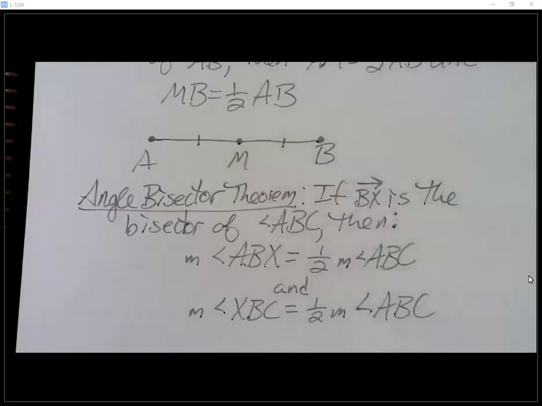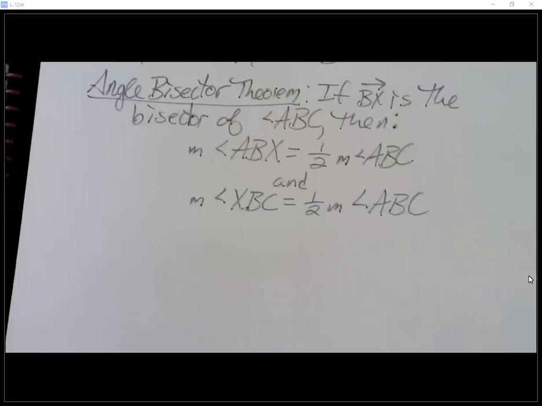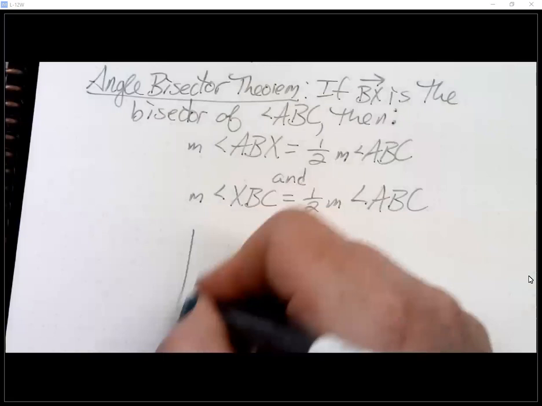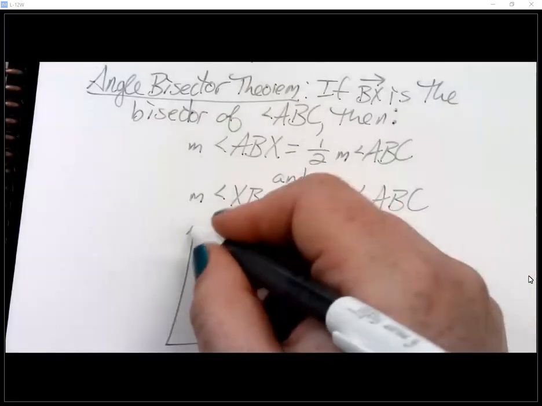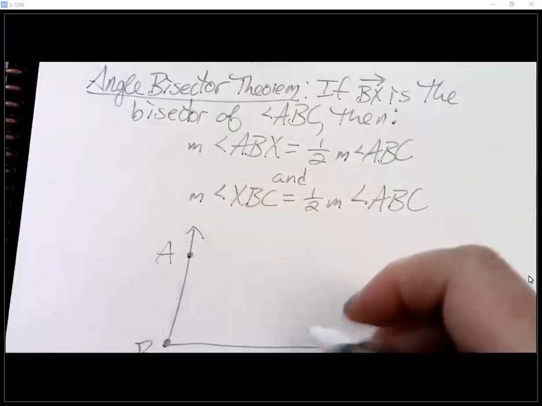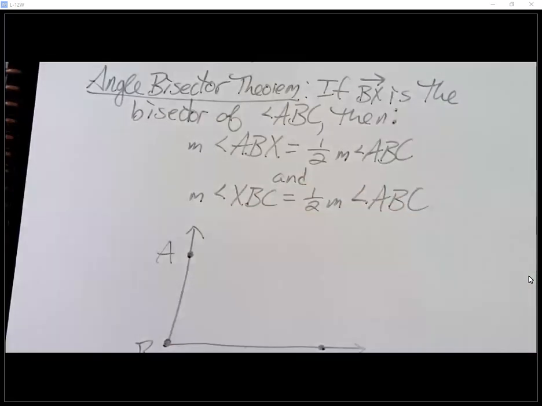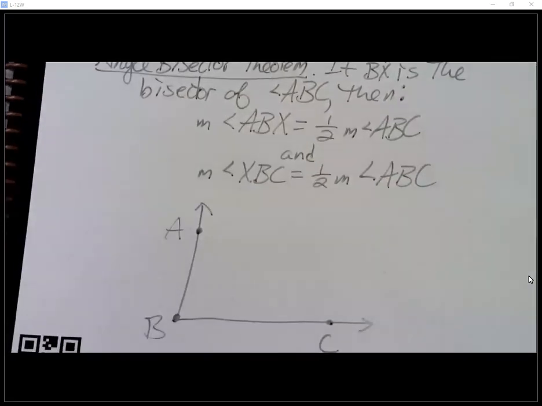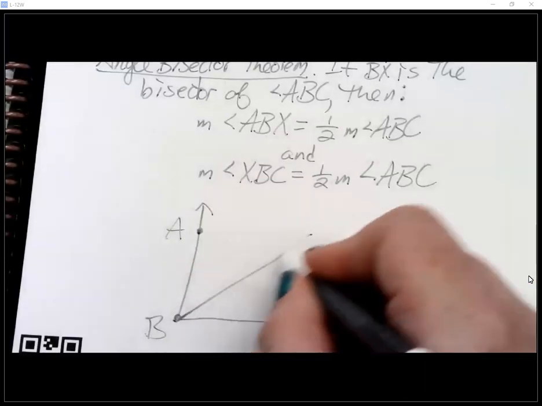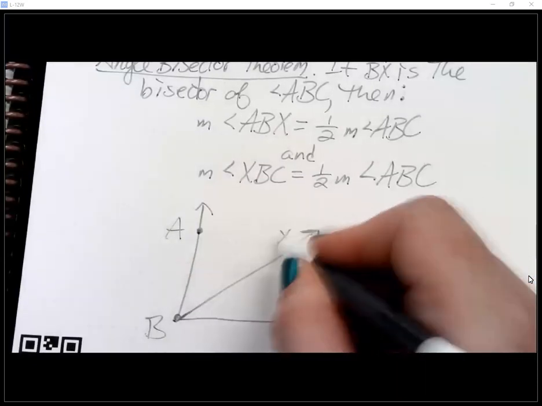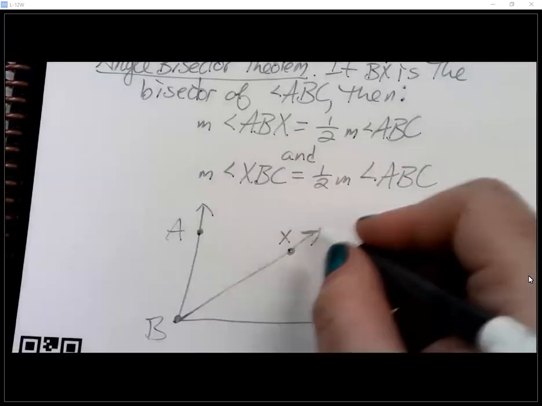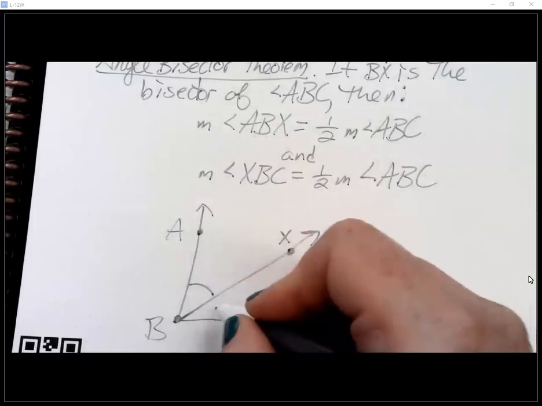So again, if I just draw this out, you will see that I feel like this happens a ton in geometry. There's so much more that just makes more sense in picture than in words. So if you just start with any old angle ABC, and then you bisect that angle with a ray BX, you have now created these two new angles. So again, if I know that that's an angle bisector, then I know that these two angles are equal to each other.